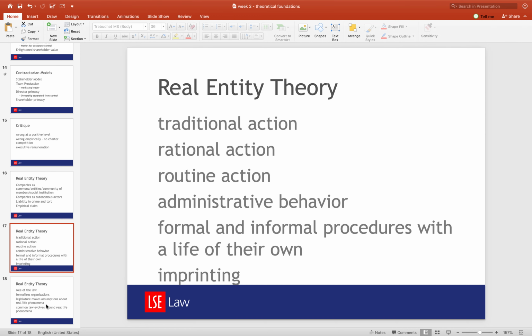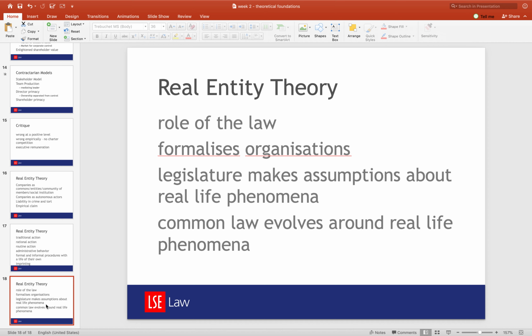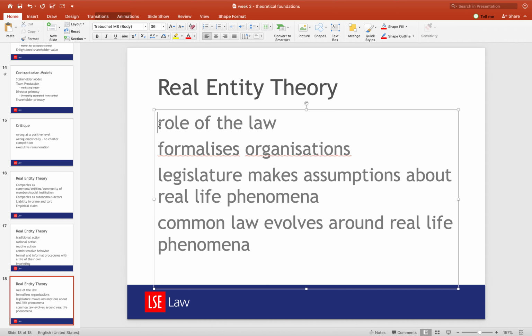So real entity theory from a legal perspective, then, what's the role of the law? And the role of the law, in my view, is, yes, to work with incentives, but also to shape that organizational framework. And that's a move away from individual participants to looking at what kind of framework is there and how the participants interact.